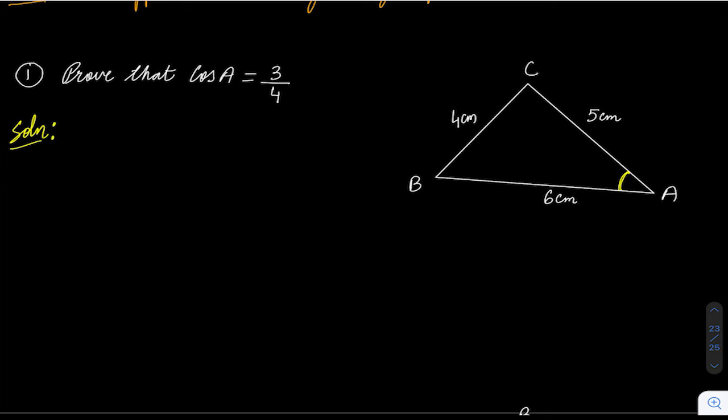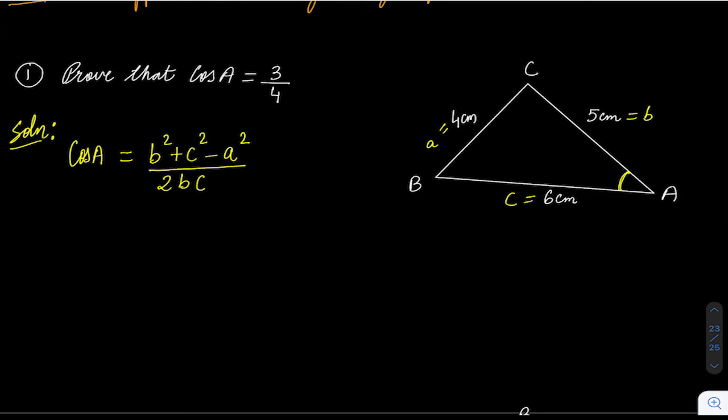So let's find cos A. Cos A will be equal to, because this is A, b squared plus c squared minus a squared, divided by 2bc. And this will be our a, this will be our b, and this will be our c. Generally, if we have vertex C, the side opposite to vertex C we take as small c.